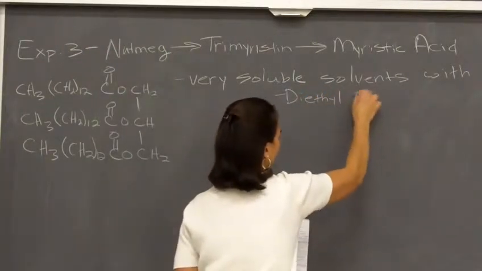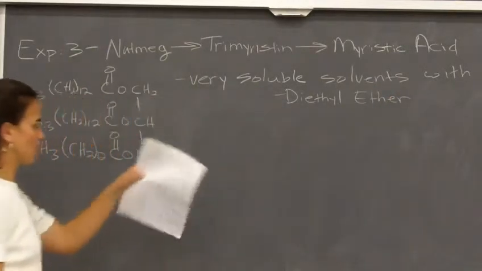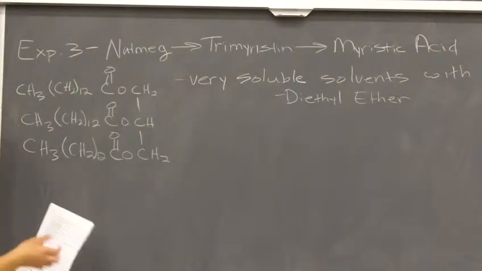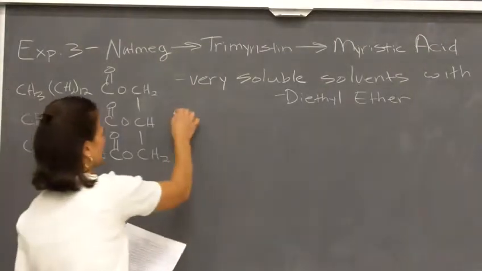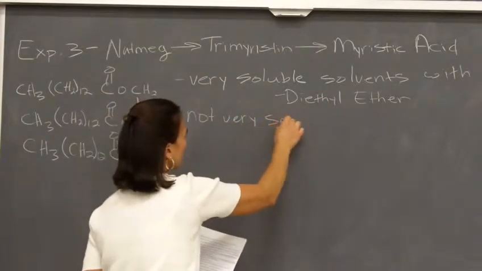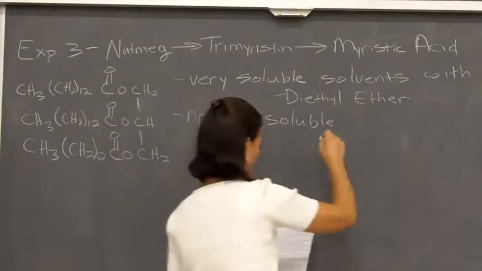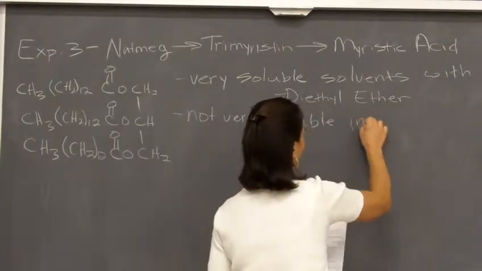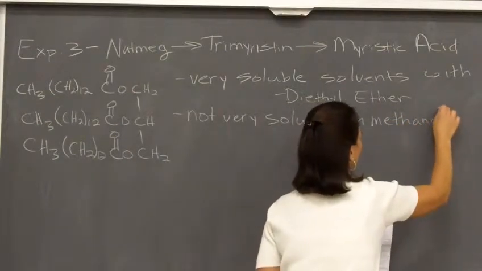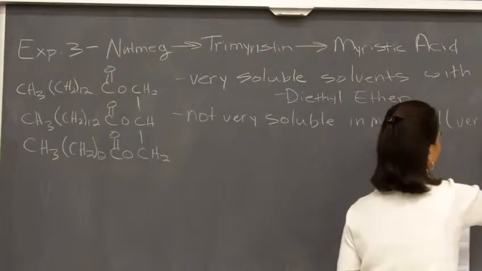But diethyl ether is a relatively non-polar solvent, so it will work really well for this. It is not very soluble in high polarity solvents, and so specifically in methanol, or even other alcohols, but we're going to use methanol. Because methanol is very polar.